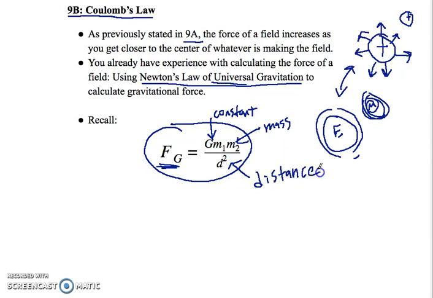Mathematically, that's how we calculate the gravitational force between two objects that have mass. So we're going to look at an equation similar to this for an electric force. How can we calculate mathematically the same thing for an electric field? So we'll go to the next section.